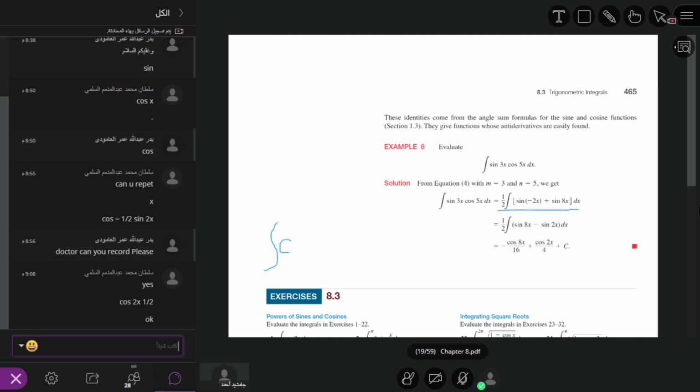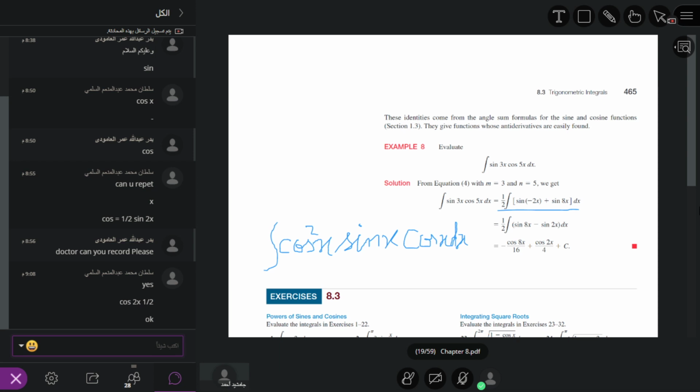What remains is cosine square x sine x, and the split cosine x goes at the end, so cosine square x sine x cosine x dx.